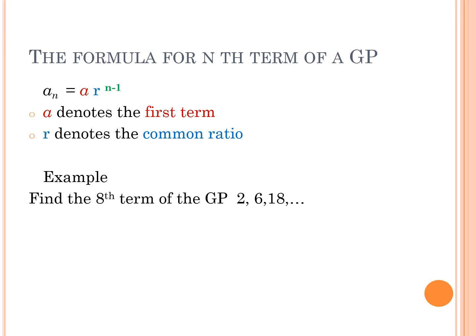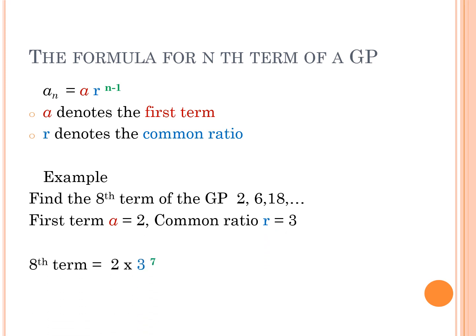So, second term by first term, that is 6 by 2 equal to 3. Third term by second term, that is 18 by 6 equal to again 3. So this is a geometric progression with common ratio 3 and first term equal to 2.